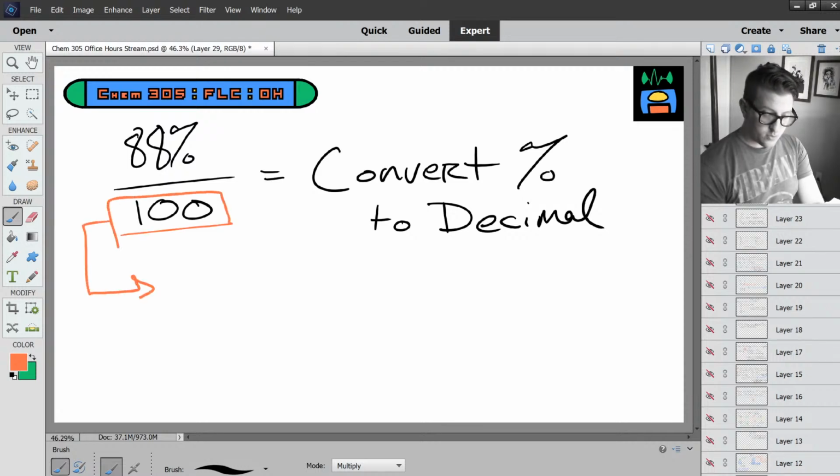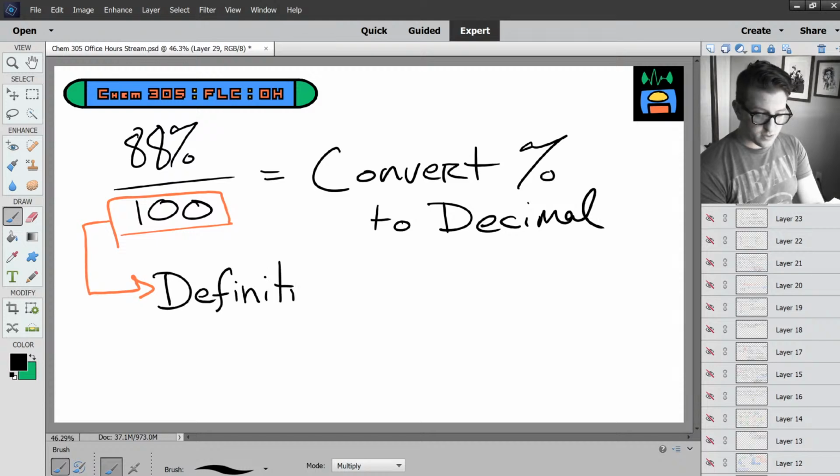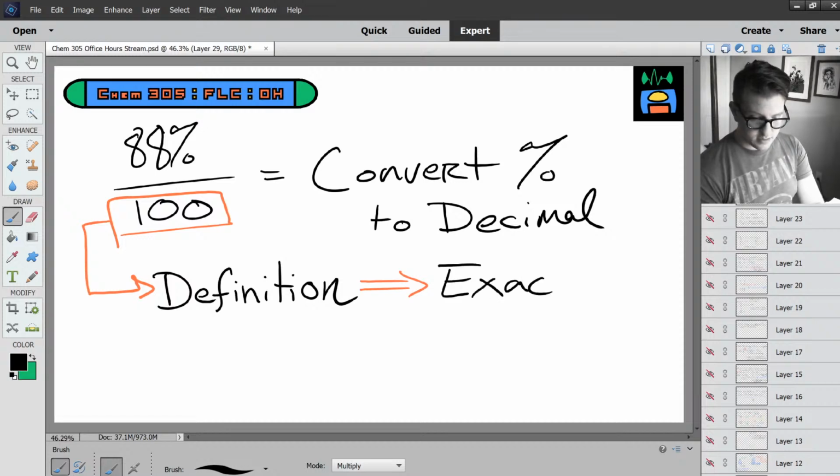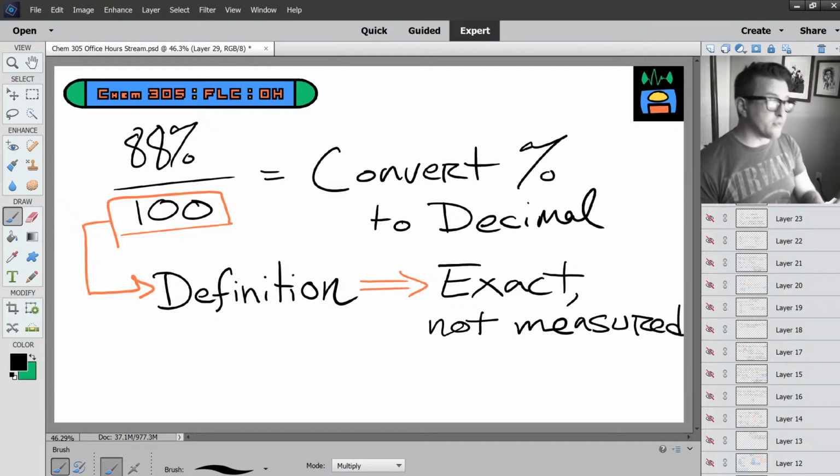This 100 is based off of a definition, which means that it's exact, not measured. So that 100 will never limit your sig figs. You always roll with however many sig figs are in your percentage. That 100 in the bottom is just based off a definition, so it'll never restrict the number of significant figures you can have in your number.